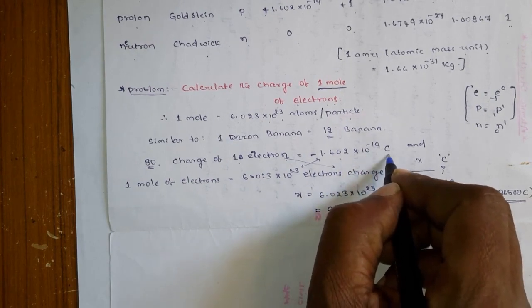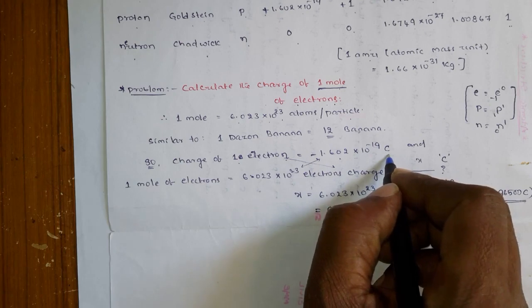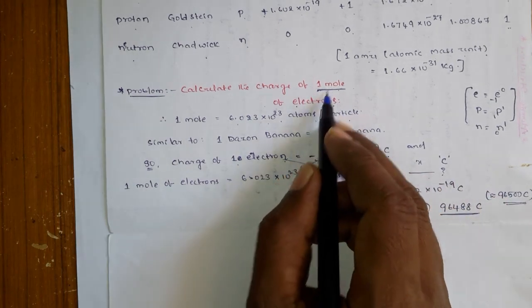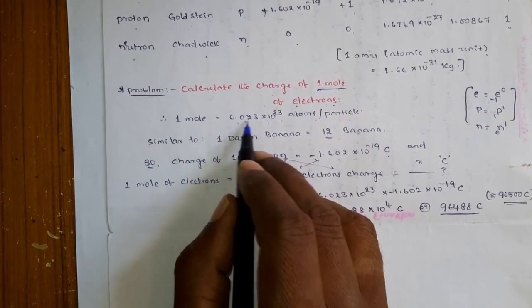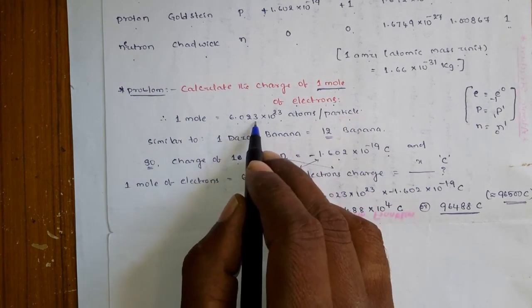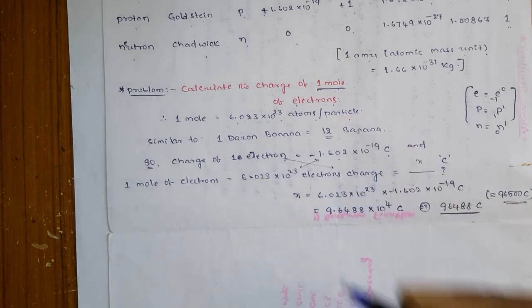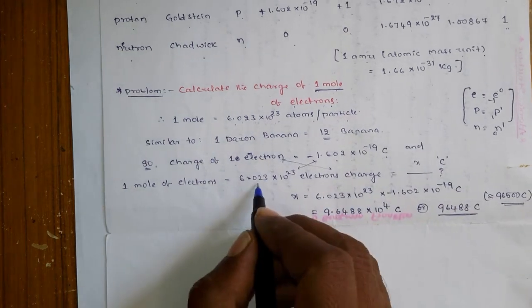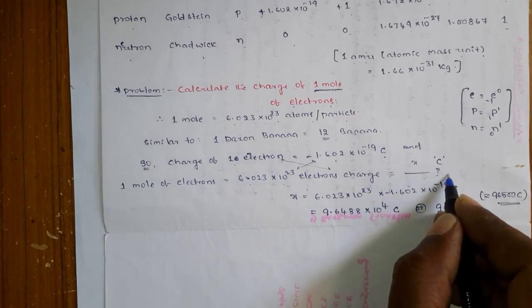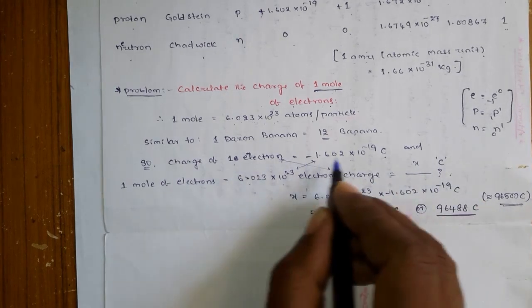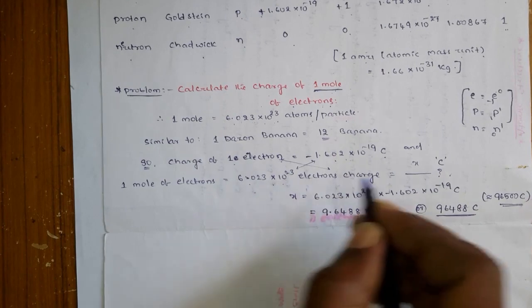But what you have to calculate is the charge of 1 mole of electrons. For 1 mole, how many? 6.023 into 10 to the power of 23 electrons. So for 6.023 into 10 to the power of 23 electrons, what is the charge? For 1 electron it is this much. For these many electrons, how much is the charge?